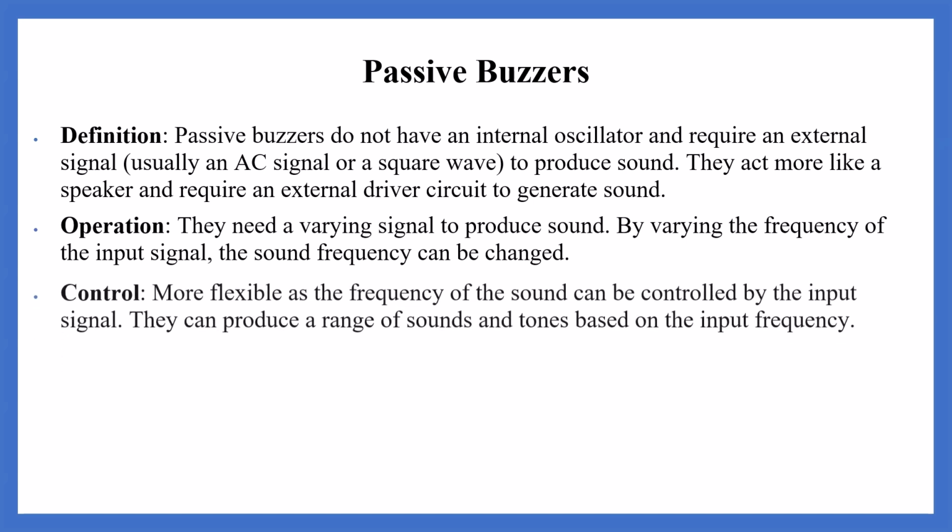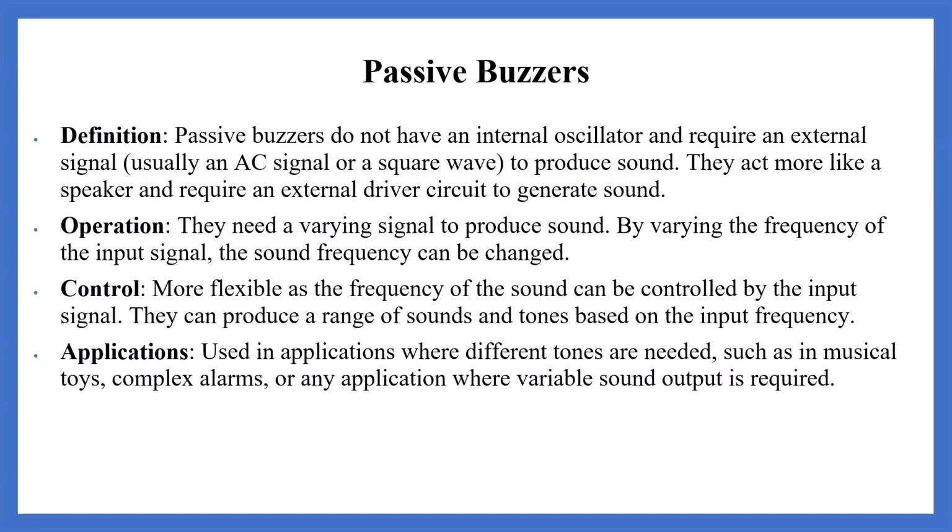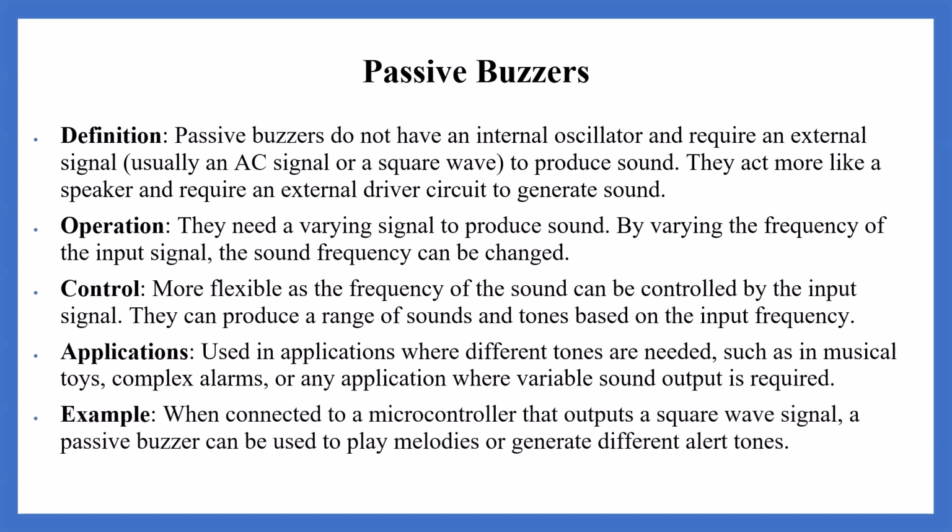Control: more flexible as the frequency of the sound can be controlled by the input signal. They can produce a range of sounds and tones based on the input frequency. Applications: used in applications where different tones are needed, such as in musical toys, complex alarms, or any application where variable sound output is required. Example: when connected to a microcontroller that outputs a square wave signal, a passive buzzer can be used to play melodies or generate different alert tones.